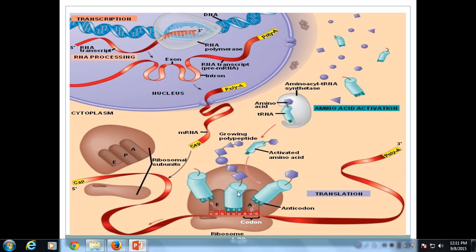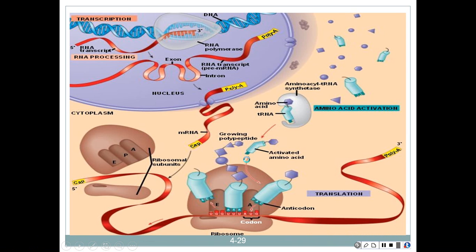So everything is shifting from one site to the next, from the A site to the P site to the E site. The A site is basically where it starts. The P site is where the amino acids are binding with each other, creating that peptide bond.